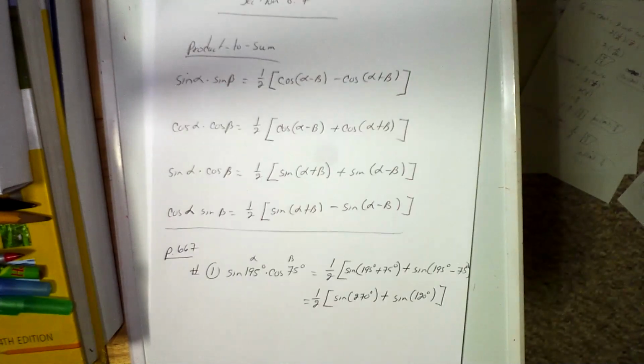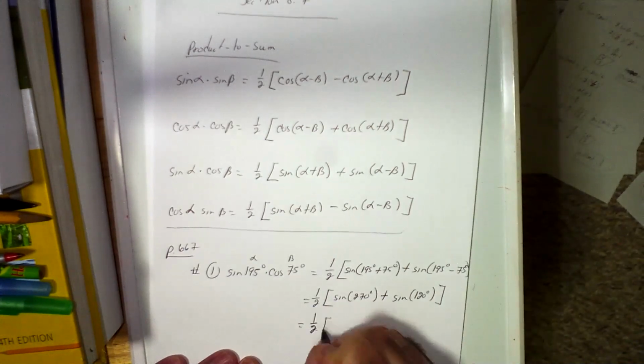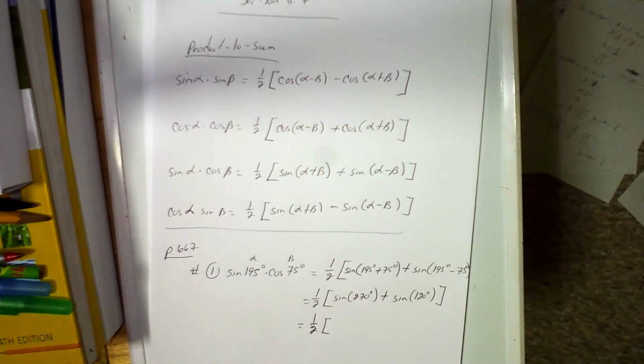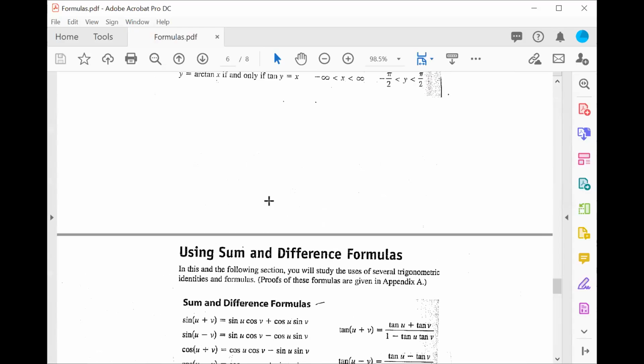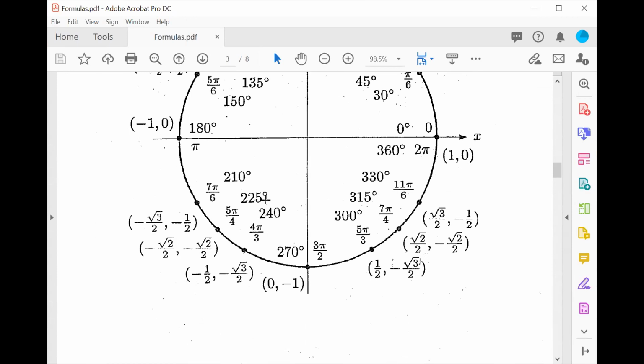And then we calculate it. So we're going to go to your unit circle and figure out what is sine of 270. All right, so remember, sine is the y. So let's look at our formulas, go up to our unit circle. Sine of 270 is the y, so it's -1.